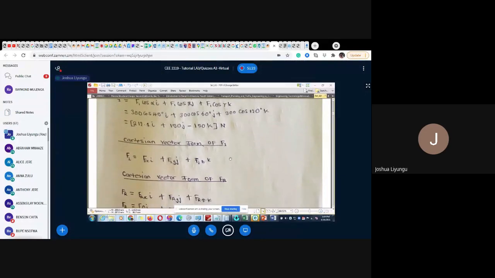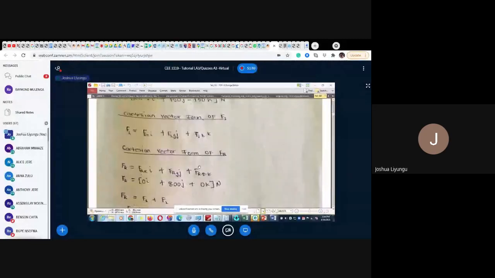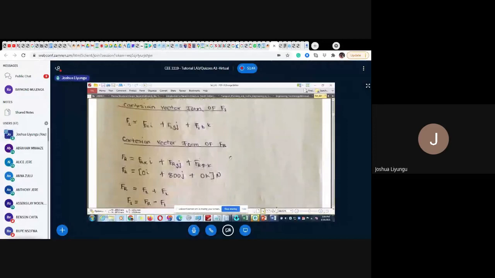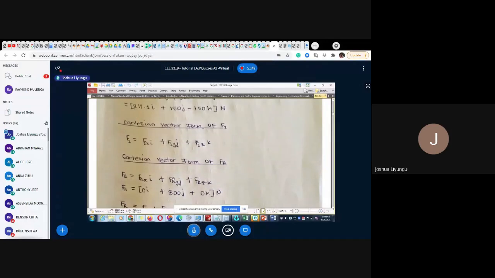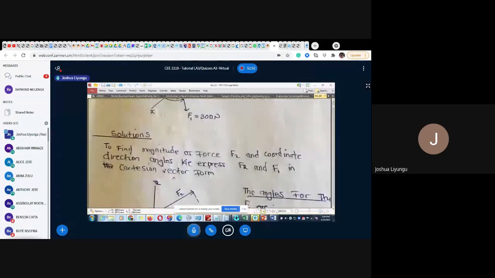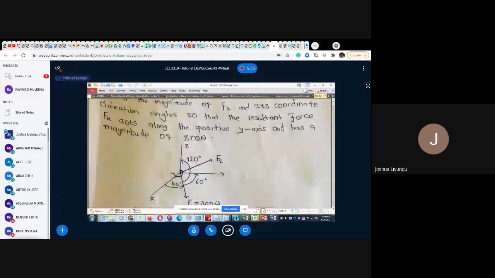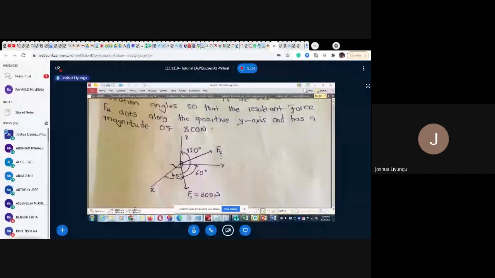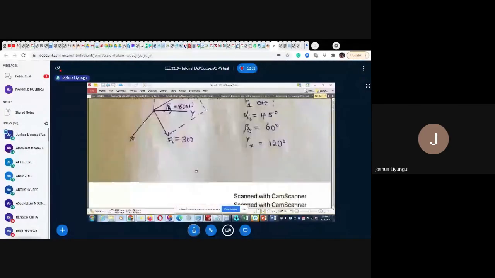This is how it looks in Cartesian notation. The component in the X, the component in the Y, the component in the Z, like what our colleague was trying to explain, putting the components in the X, Y, and Z. Then we know that we have already been given the FR as 800, and the question says the resultant force acts along the positive y-axis, meaning the component in the X and the component in the Z are zero.